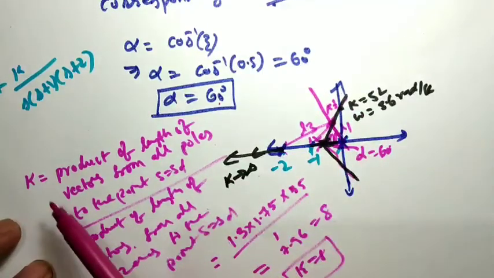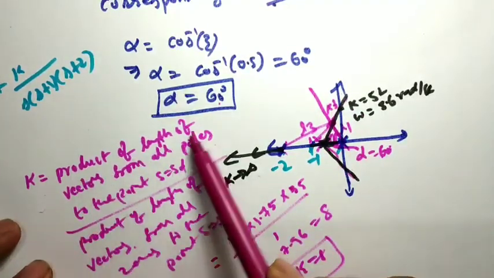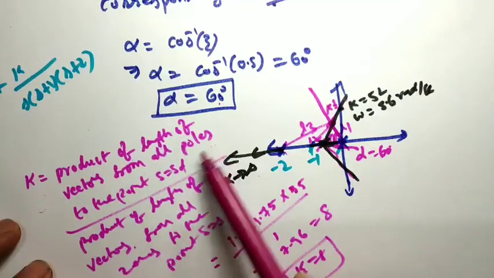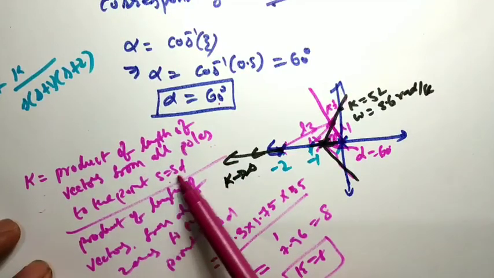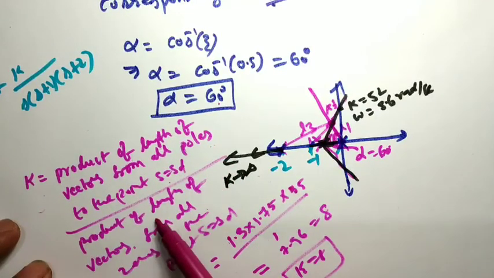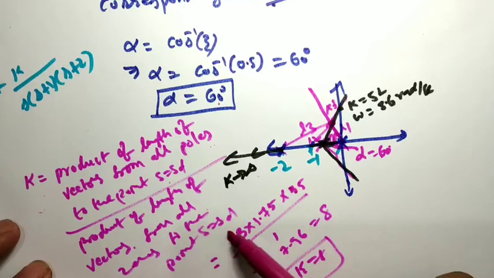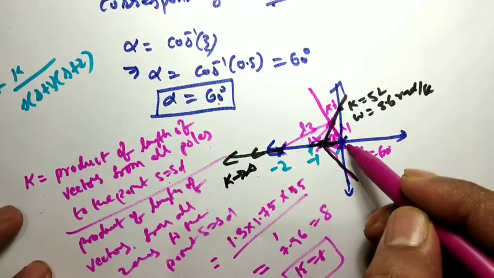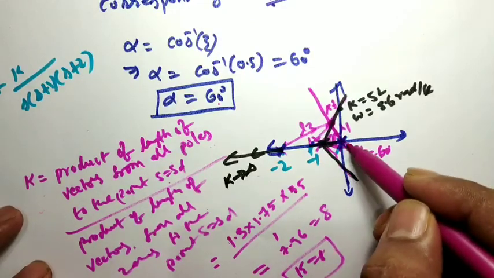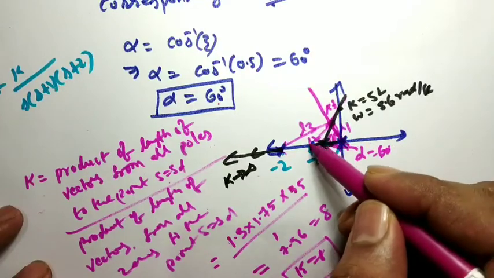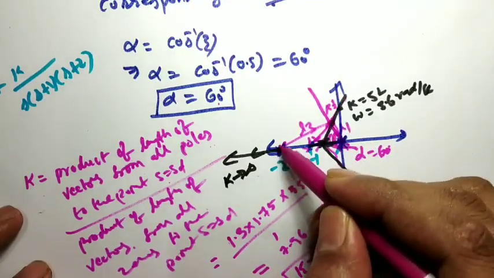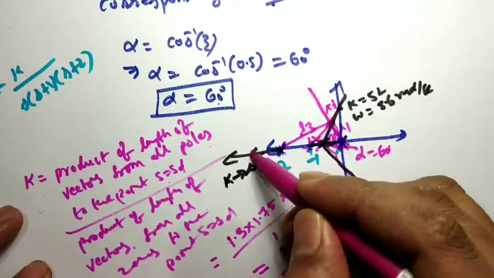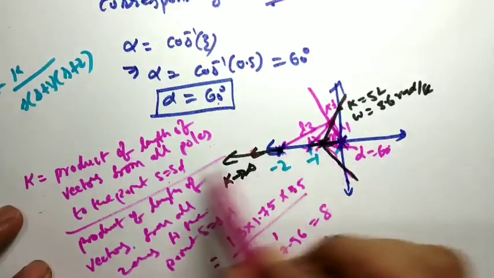To find it, the formula is k is equal to the product of length of vectors from all poles to the point S is equal to S1, divided by the product of length of vectors from all zeros to the point S is equal to S1. So we draw one vector from here, one vector from here, and one vector from here. If zeros are there, you can also draw them, but there are no zeros here.